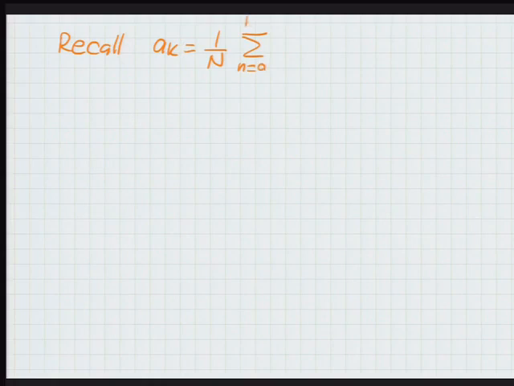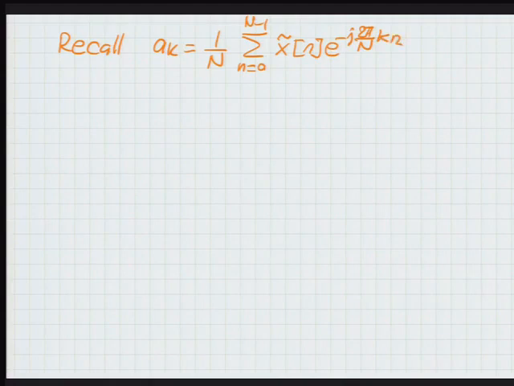So recall a_k for this periodic signal, a_k was 1 over N, sum from 0 to N minus 1 of x tilde of n e to the negative j fundamental frequency, which is 2 pi by N, times k times n.